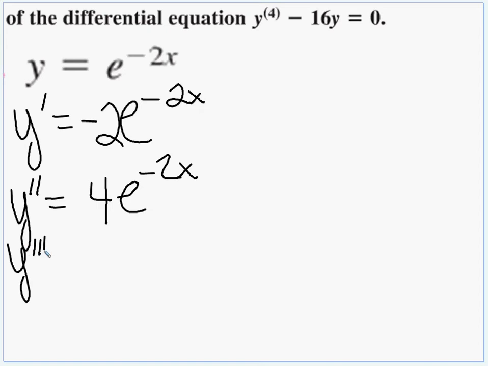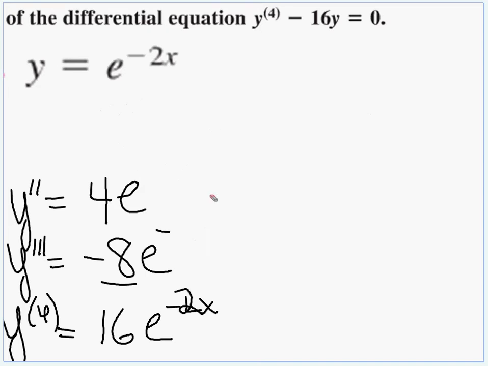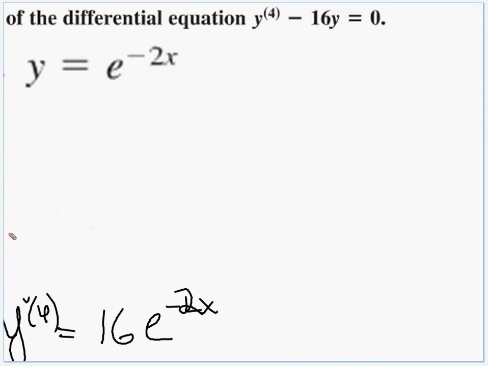The third derivative, this will multiply by a negative 2, so now it's negative 8, e to the negative 2x. And our fourth derivative, multiply this by a negative 2, so now it's positive 16, e to the negative 2x. So let's see.